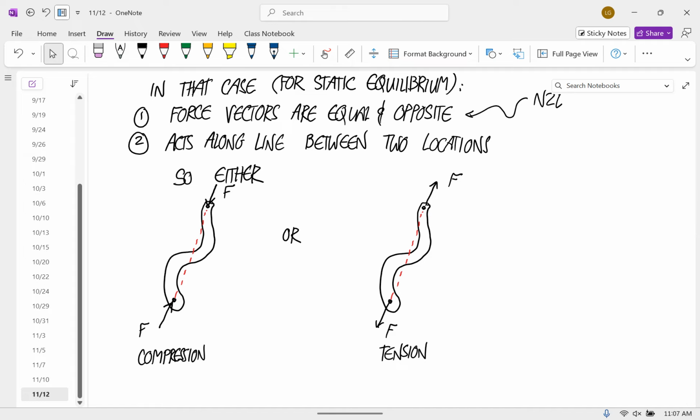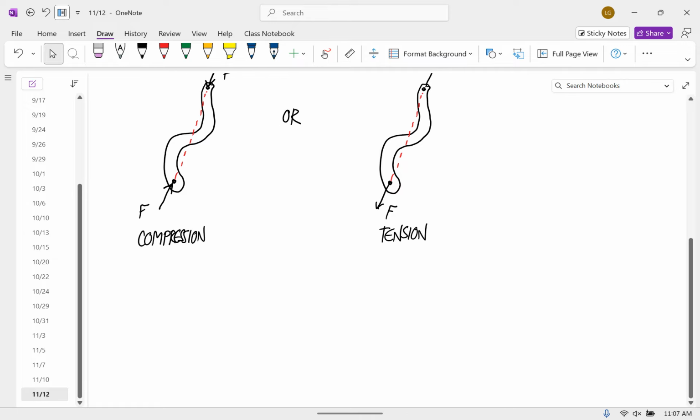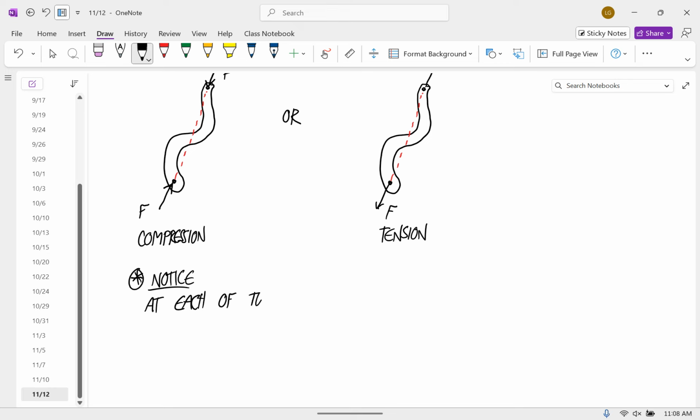And I want to point out one thing about this. Notice that at each of those two locations, the force vector can be the sum of any number of force vectors, because forces acting at a single location really are just a single force.